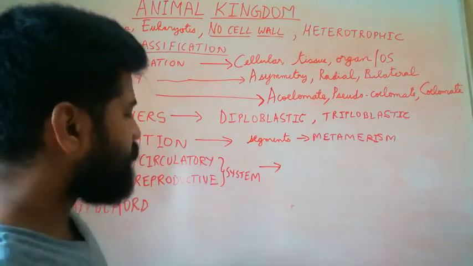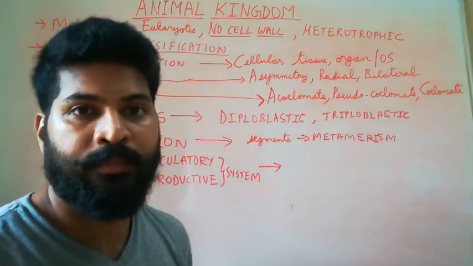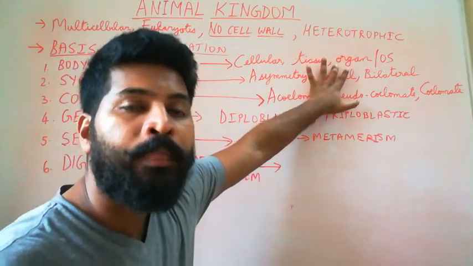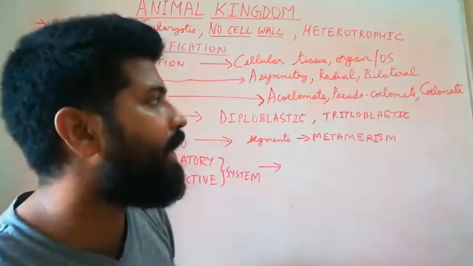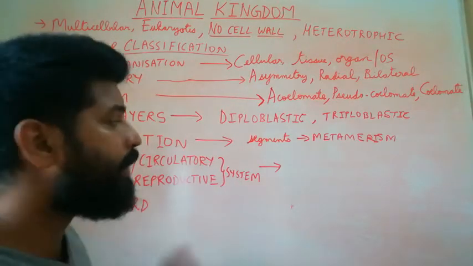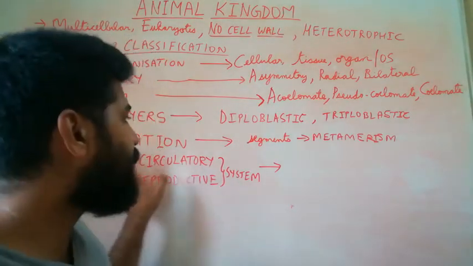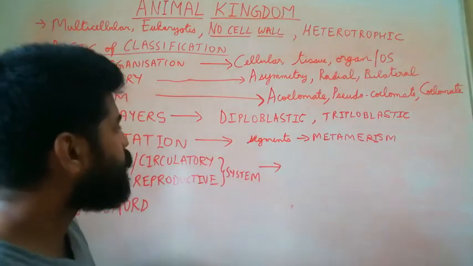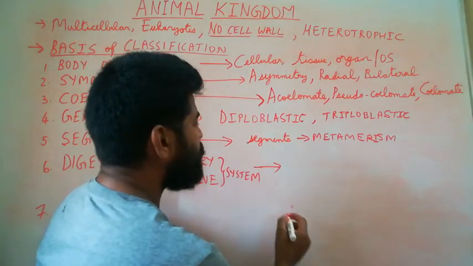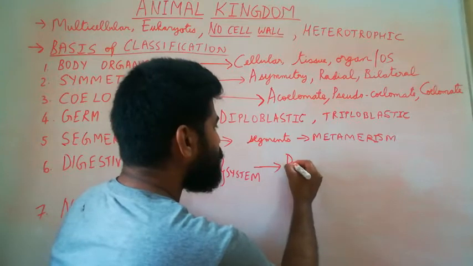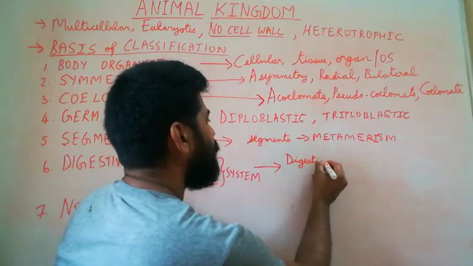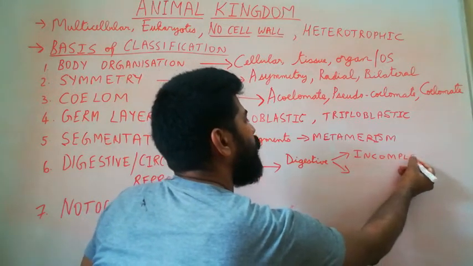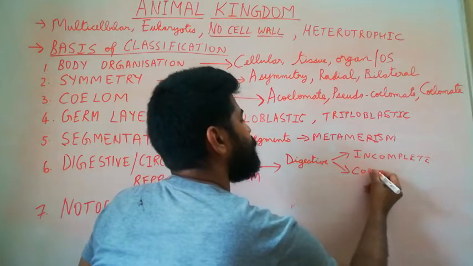Now, as animals advance, especially those animals that have an organ or organ system level of organization, they exhibit advanced forms of digestive, circulatory and reproductive system. So in some animals, the digestive system could be either incomplete or complete.